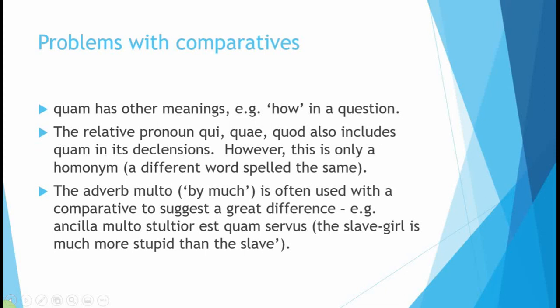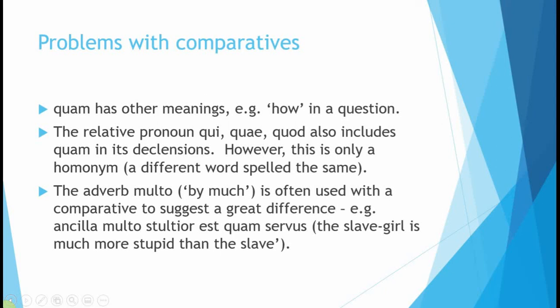There are some problems that we can encounter with comparatives. The first one is that you will probably have already learnt that quam normally means "how" in the sense of a question. You will have also noticed, because we've done a lot about relative clauses, that the relative pronoun qui, quae, quod also includes quam in its declensions.